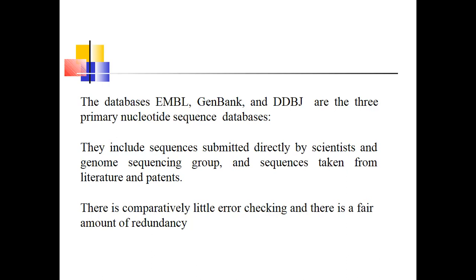They include sequences submitted directly by researchers, different groups and scientists, genome sequencing groups, and sequences taken from literature and different patents. So there is comparatively little error checking, and a fair amount of redundancy.